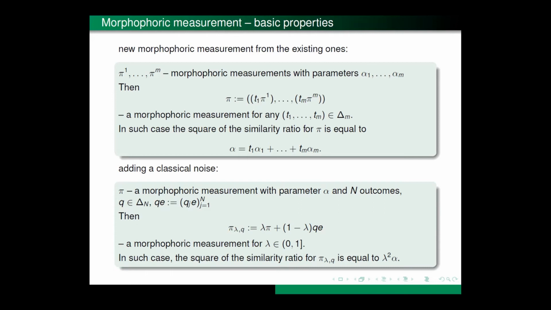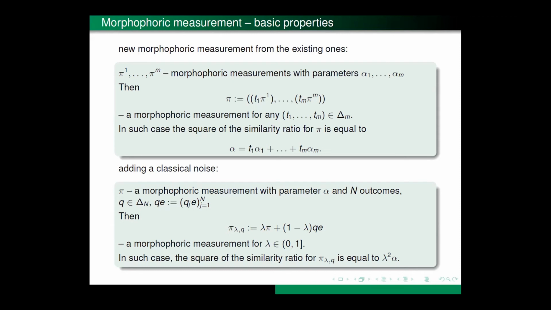One procedure: we have a few morphophoric measurements with possibly different parameters alpha, and we can put these measurements together with parameters t1 up to tm, where this vector t1 to tm is from the probability simplex. This new measurement is again a morphophoric measurement, and the parameter alpha can be calculated from this vector t and from these parameters alpha j.